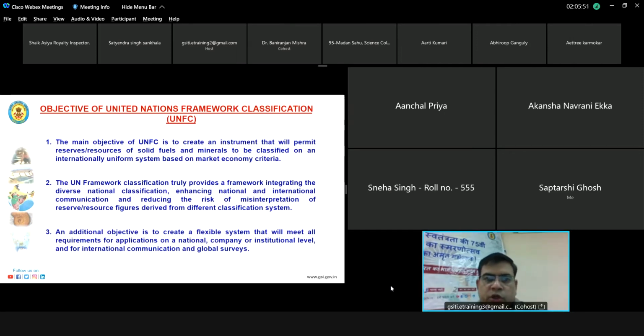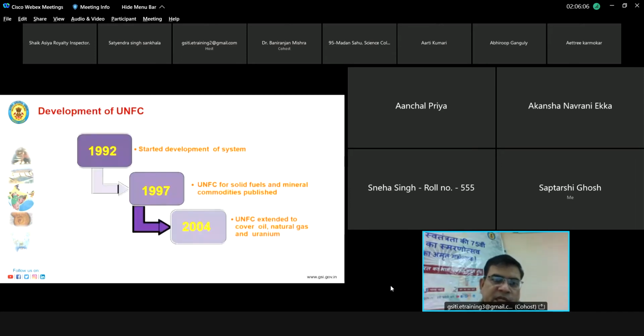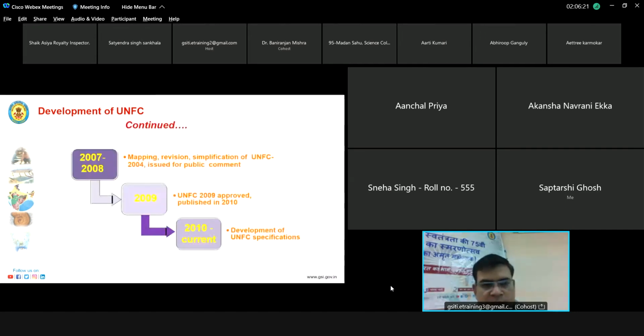On the international forum, all the mineral deposits are now being classified on the UNFC platform. The main objective is to bring the classifications of different countries to a common international platform. It started in 1992 with a development system only. Then in 1997, UNFC for solid fuels and mineral commodities was published. In 2004, UNFC was extended to cover oil, natural gas, and uranium.